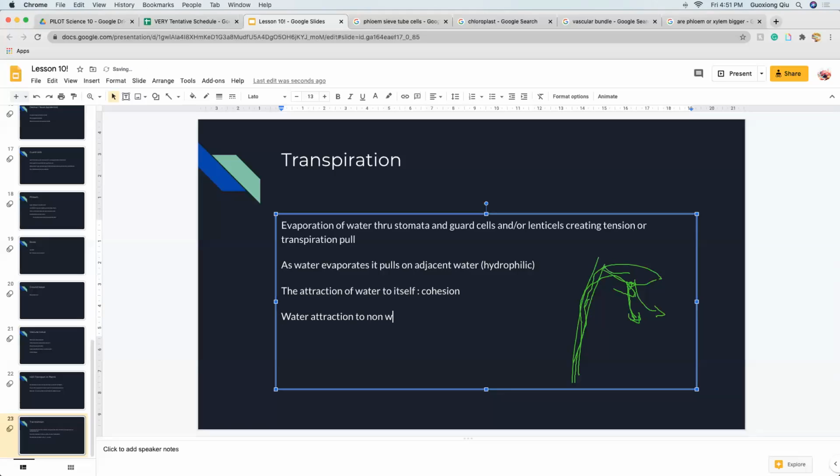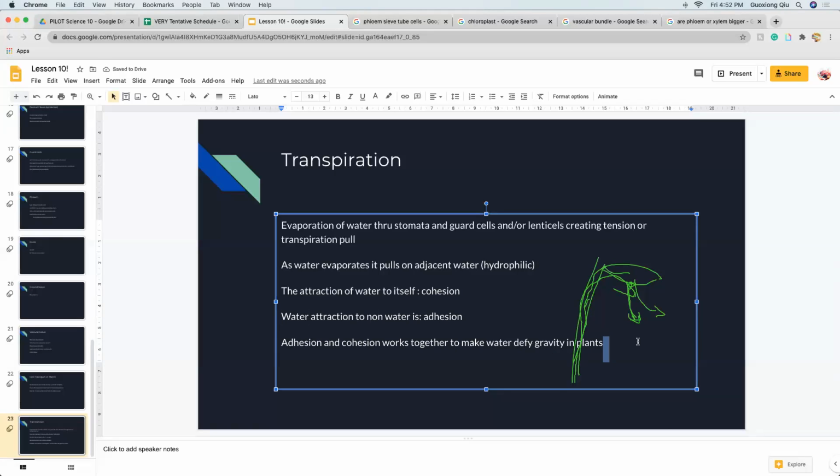The attraction to anything non-water is referred to as adhesion. And this adhesion and cohesion work together to make water defy gravity in plants. So water can move up the plants.